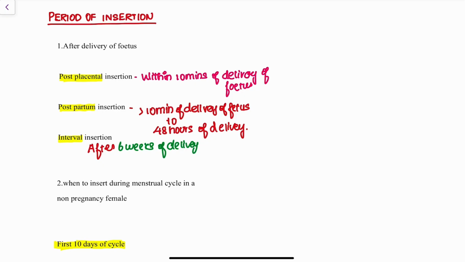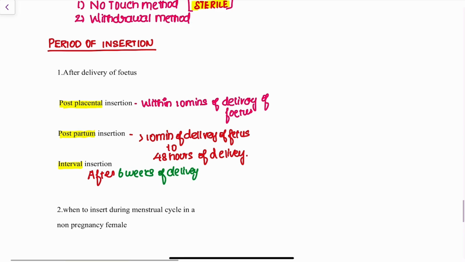Now the next most important question which comes to your mind is, what is the period of insertion? So when can these devices be inserted? Let us divide this into two categories. One category is after the delivery of the fetus, and the second category is a non-pregnant female. So the first category is a pregnant female after delivery of the fetus.